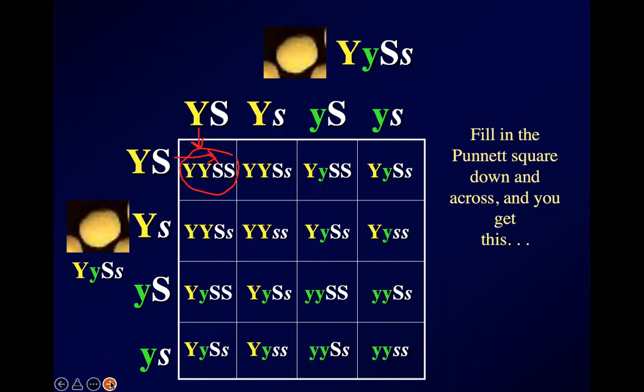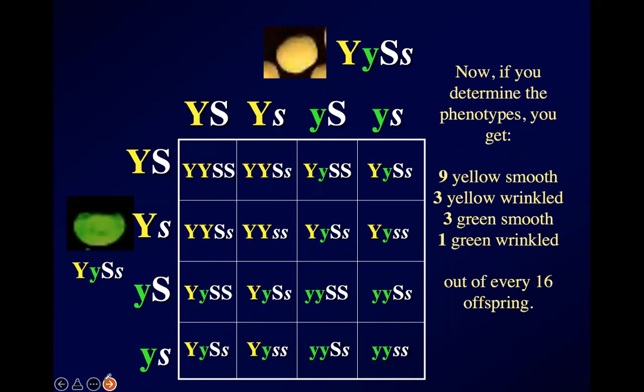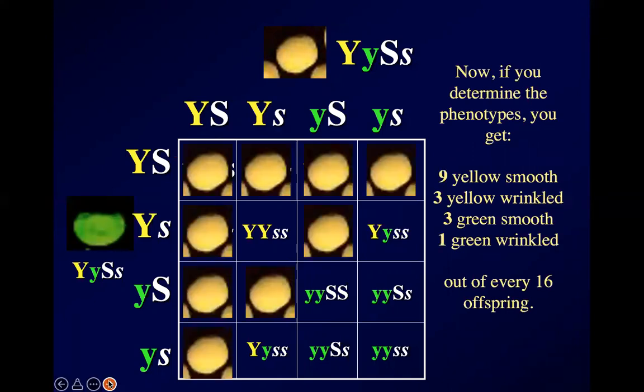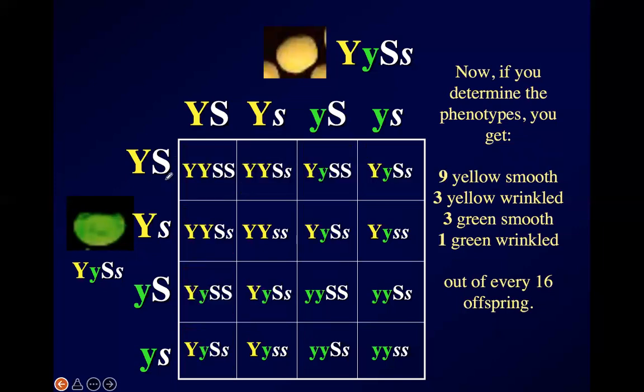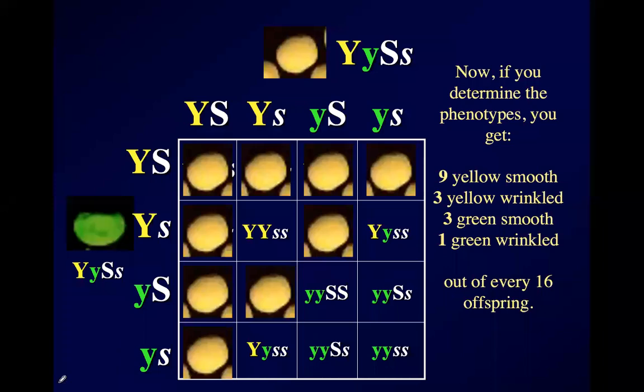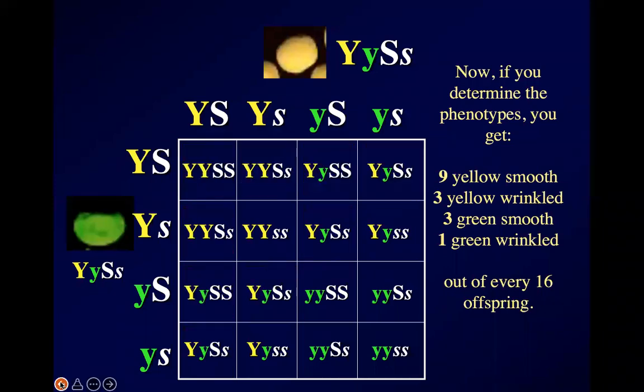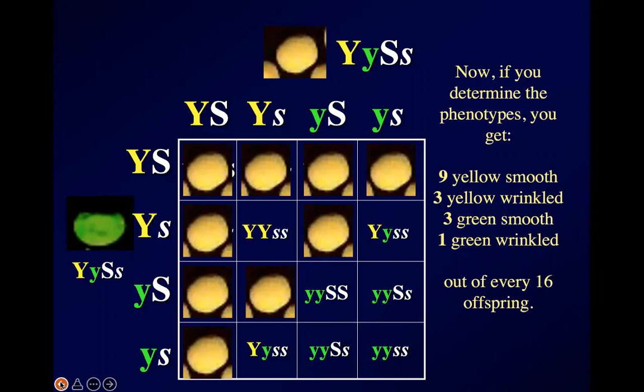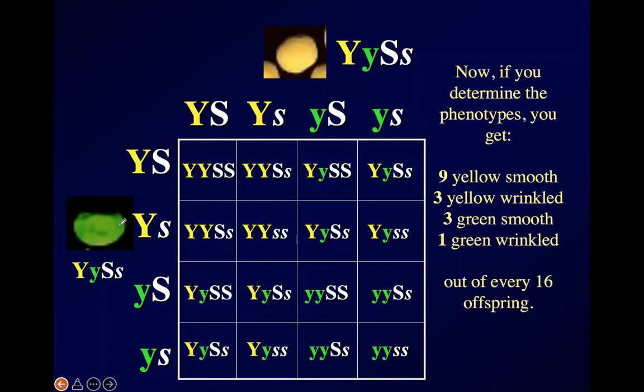Now, how do we read this Punnett square? Well, those 9 right there, hey, I can make it flip back and forth. Look, it's computer animation. Okay, those 9 have at least one dominant allele for both genes.